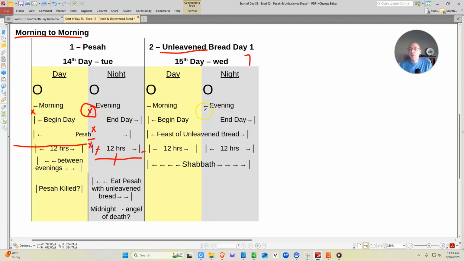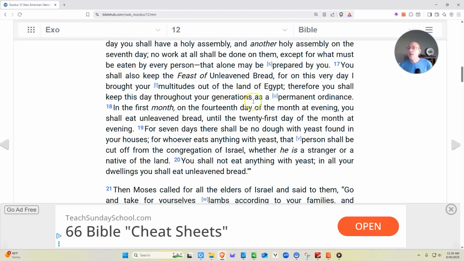And then we will eat unleavened bread for the rest of that week until we reach day 21, which would be the last day of the Feast of Unleavened Bread. So from the evening of Passover, when we are commanded to eat unleavened bread, until the evening of the 21st day, which is the last day of the Feast of Unleavened Bread, we are to eat unleavened bread. That is all I'm sharing.